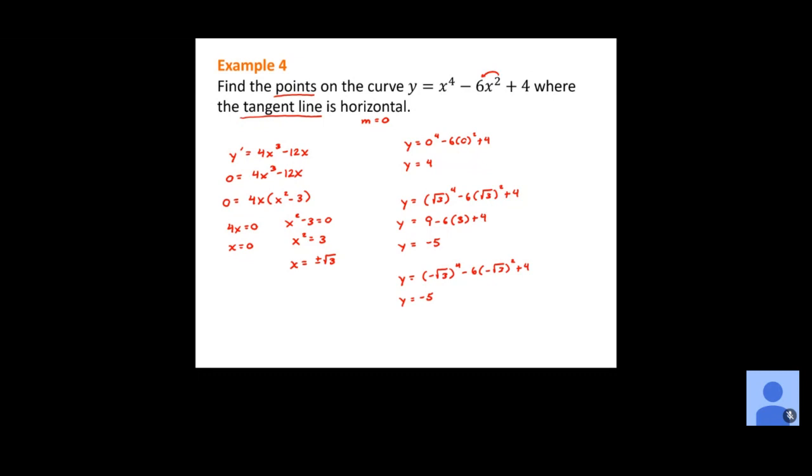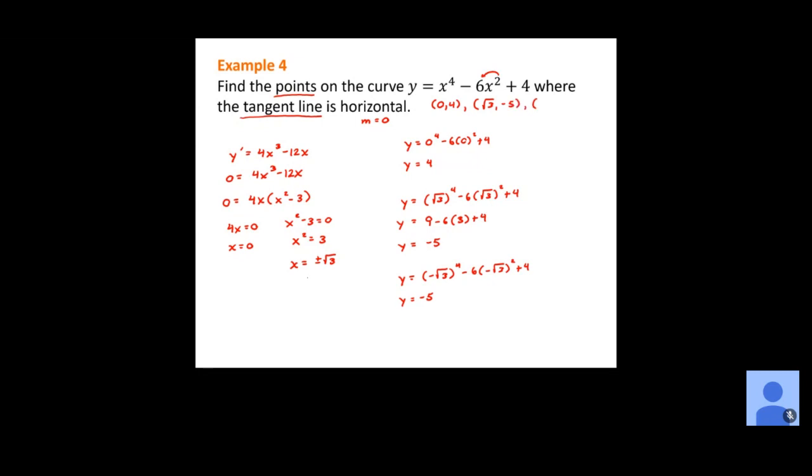All right, so now that we know the corresponding y values for each of those, let's think about these points. So what's one of the points going to be this time? 0, 4 would be 1 point. Okay. Another point would be square root of 3, negative 5. Good.